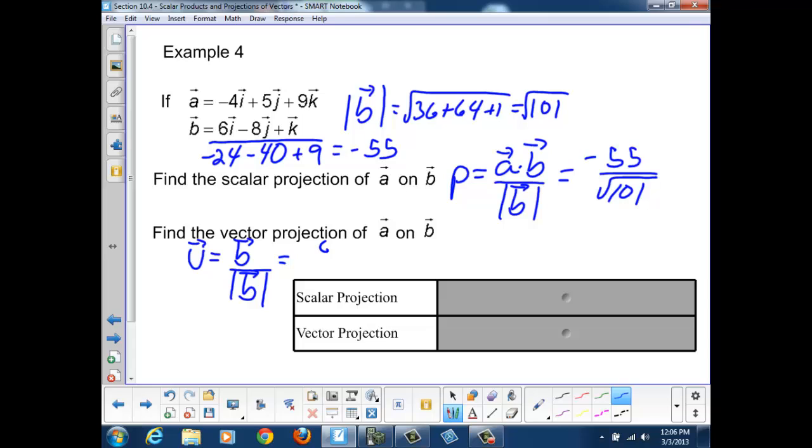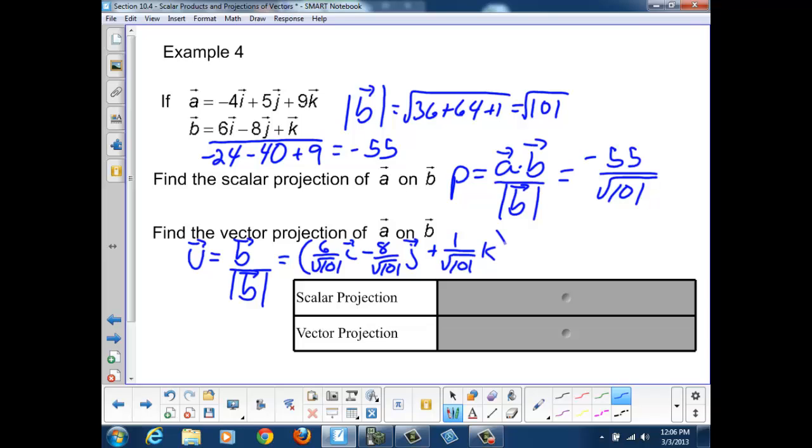So we get 6 over the square root of 101 i, minus 8 over the square root of 101 j, plus 1 over the square root of 101 k. And then we're going to take that value and find our vector projection.